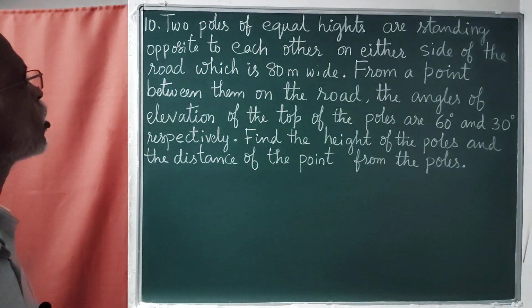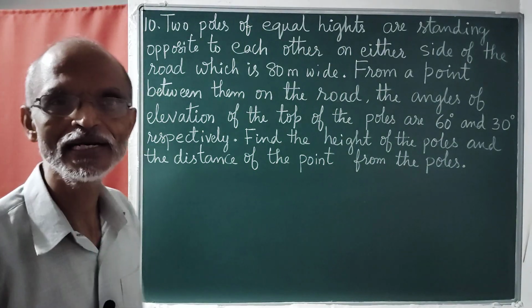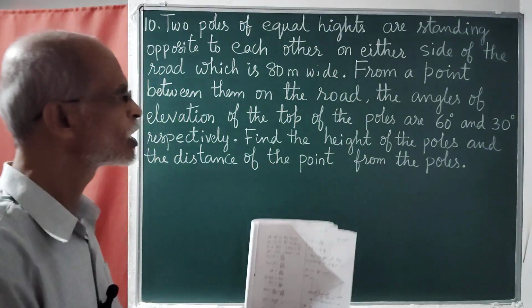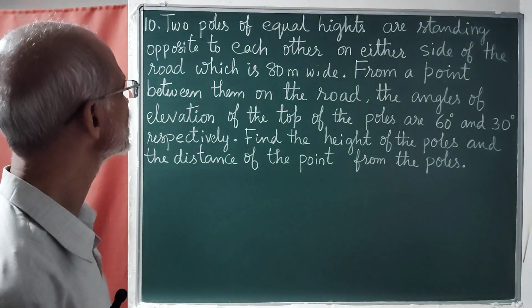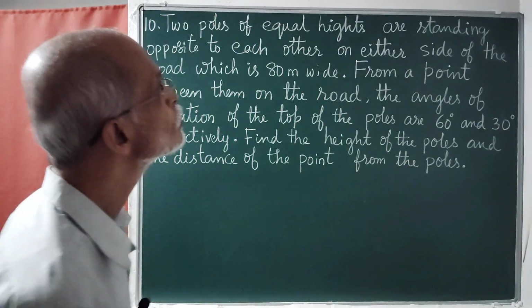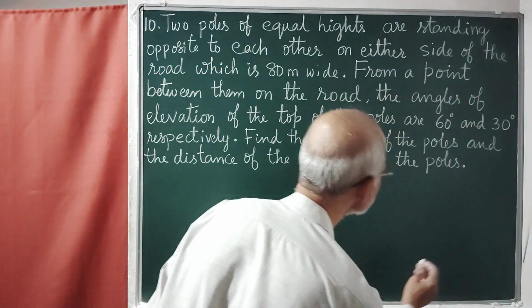So now here we have two poles of equal height standing on both sides of the road, and the road is 80 meters wide. So we are drawing now.